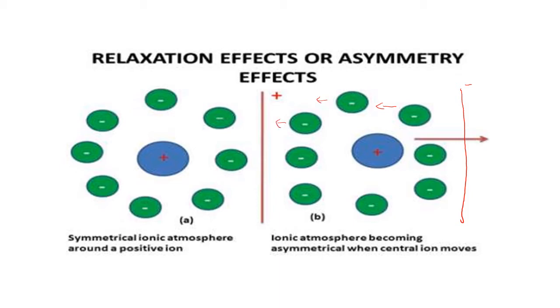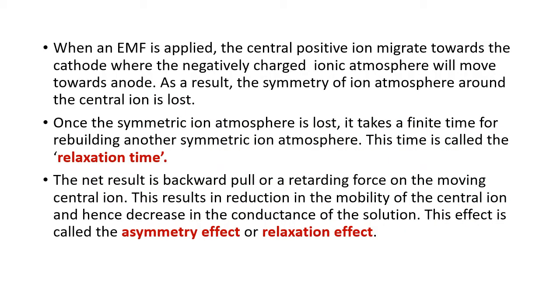As a result, the symmetric ionic atmosphere gets changed to an elliptical atmosphere. The shape of the symmetric atmosphere will be lost. And in order to regain or rebuild the symmetric atmosphere, it takes a definite time. And this time is known as the relaxation time.